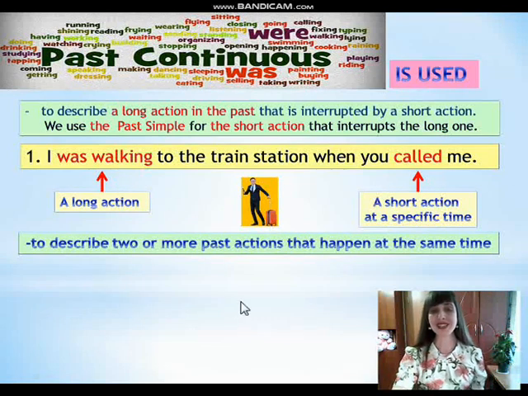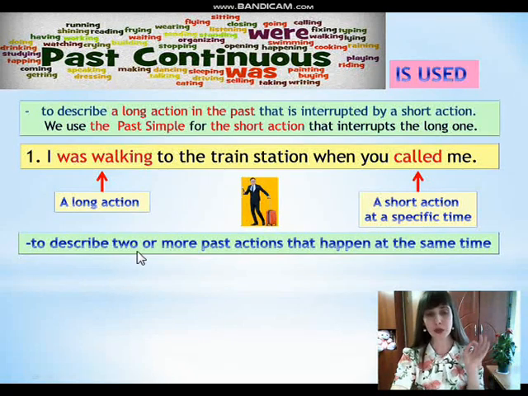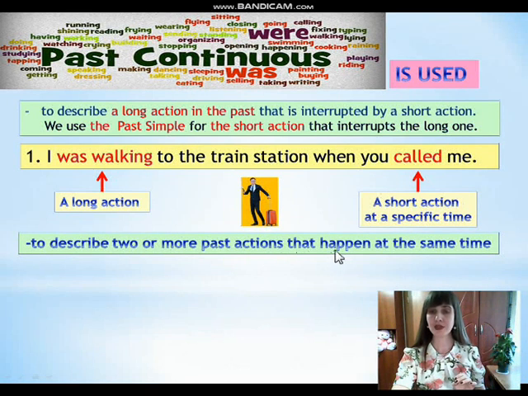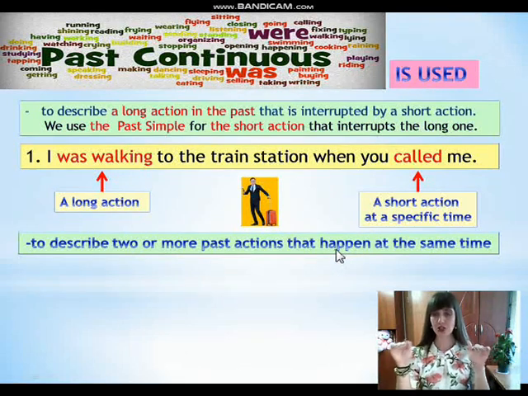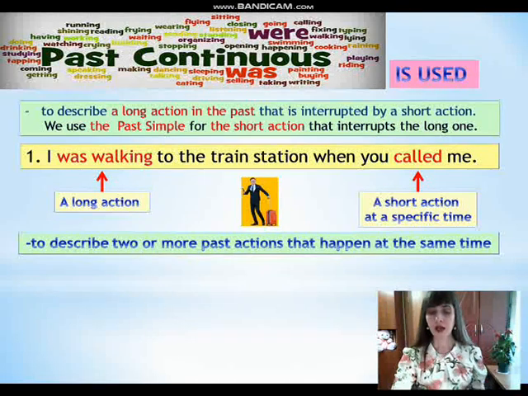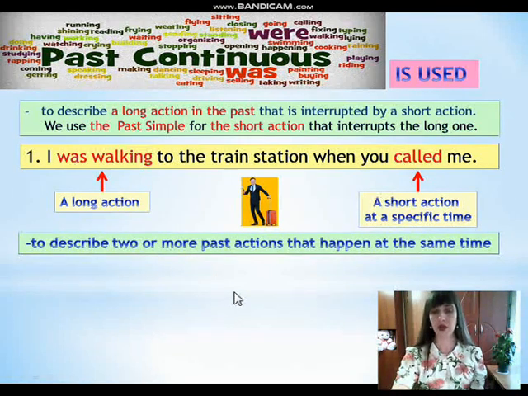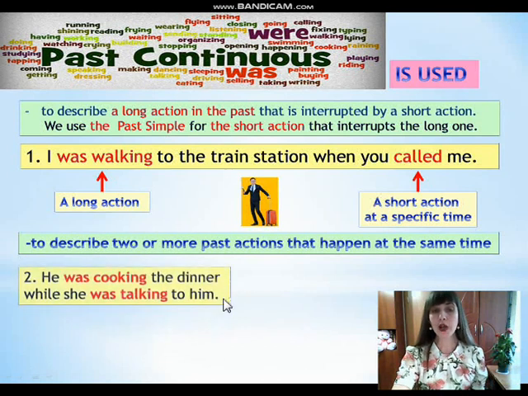So, the past continuous tense is used to describe two or more past actions that happened at the same time. And these actions have the same length. They are both long actions.